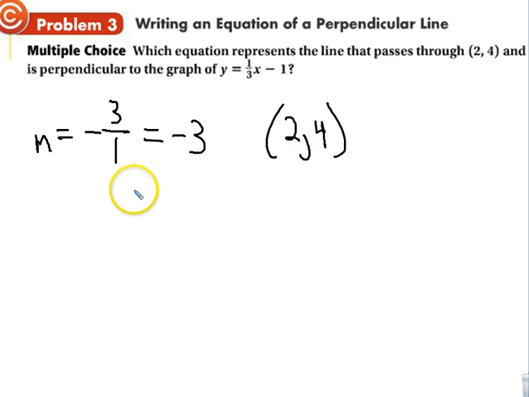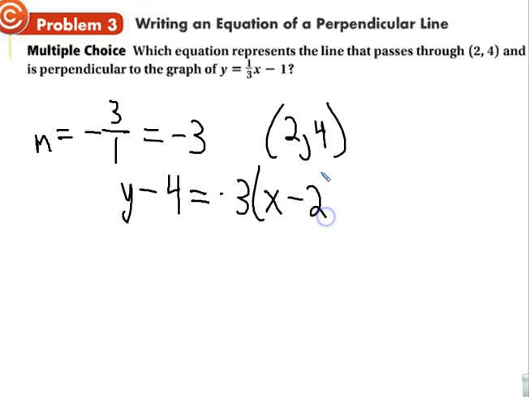So once again, it sounds like point-slope form. y minus 4 is equal to -3 times x minus 2. Okay. Now, in general, you'll want to write your answer in slope-intercept form. Technically, the directions don't say that because it's a multiple choice question, but I took out the answers, so we're going to solve it.